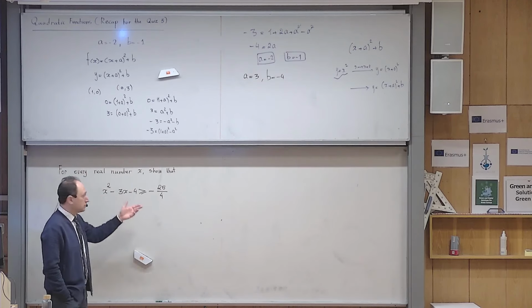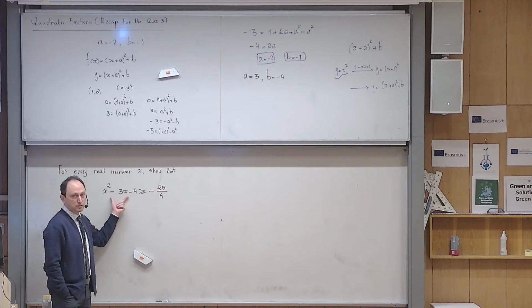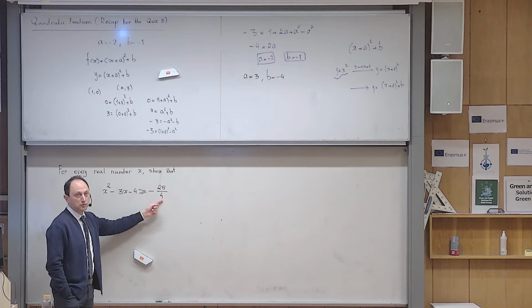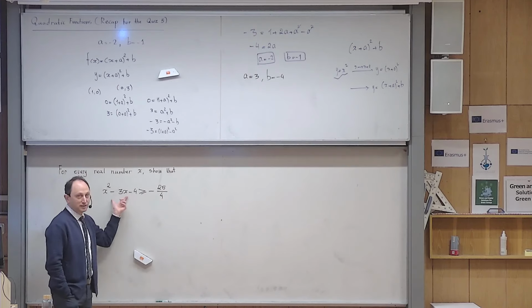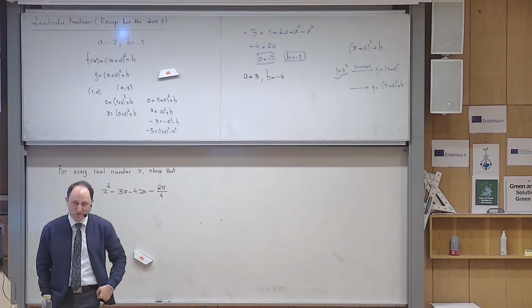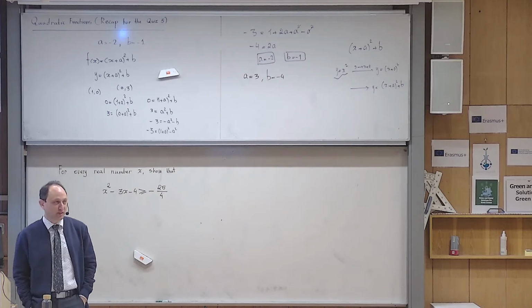So this is telling you, show that this quadratic function is greater than or equal to minus 25 over 4. What they want you to do actually is to show what of this function is this number? Can you say? I cannot explain more because if I tell more, everything will be exposed.